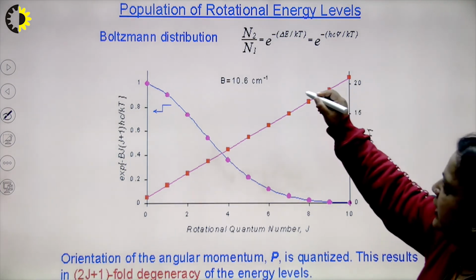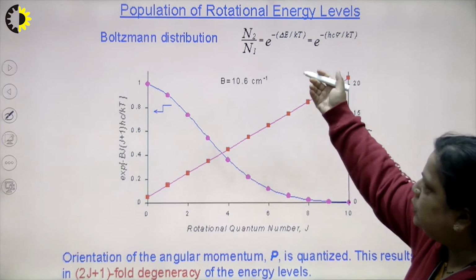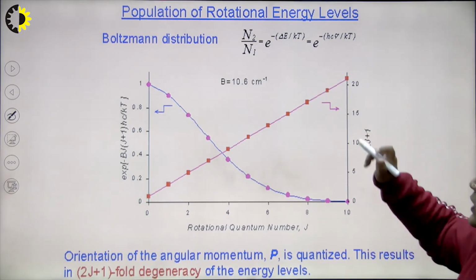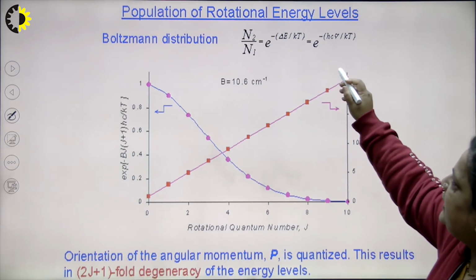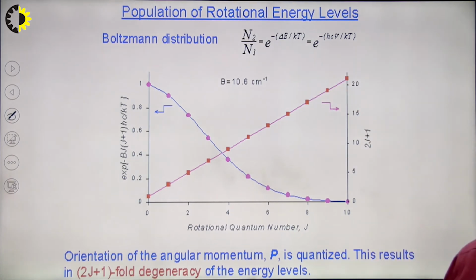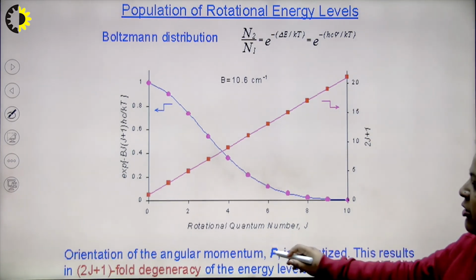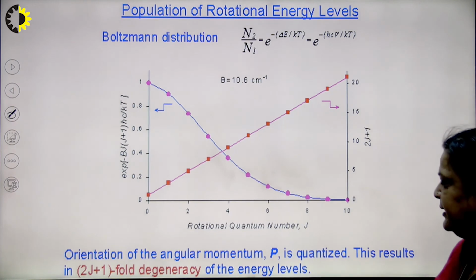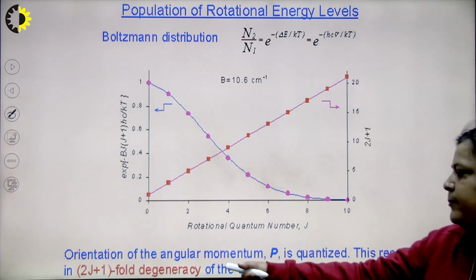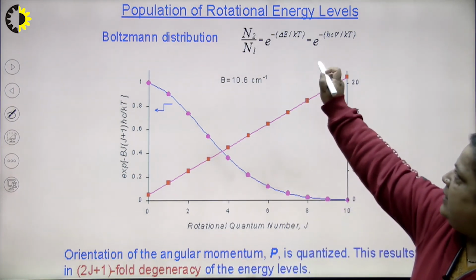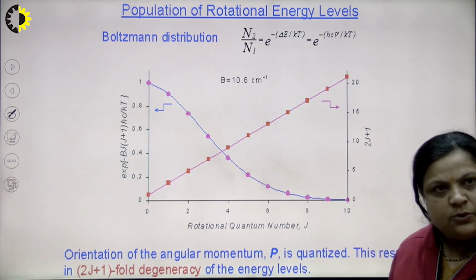So, Nj upon N0, or for the first two we can say N2 upon N1, will be e raised to the power minus delta E upon kT, with degeneracy. The orientation of angular momentum P or L is quantized, so we can write here 2j plus 1 also.